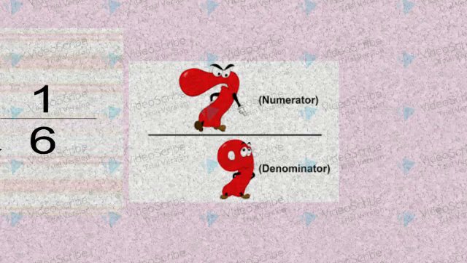Numerator means how many parts are eaten or colored or shaded. We write it above the line.